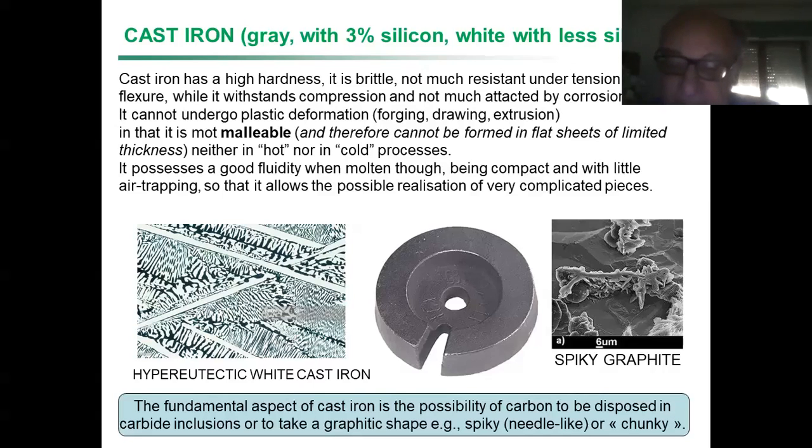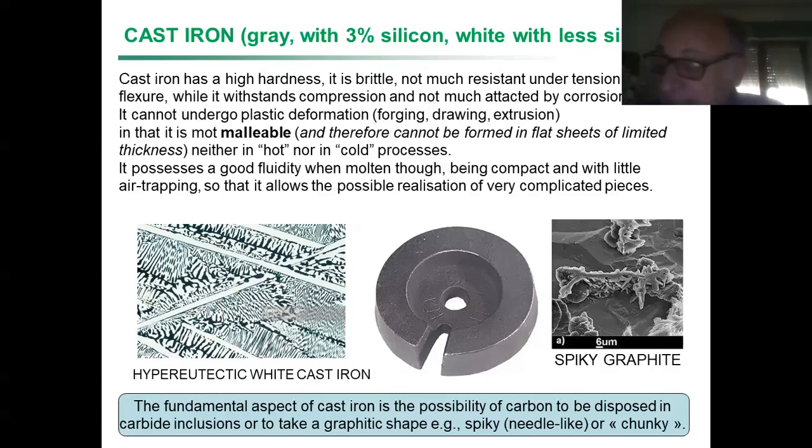The big question in cast iron, looking at big research teams, is the presence of carbon. Of course, you have a substantial amount of carbon because you go from 2% to 4.5%. Theoretically, it goes up to 6.6%.